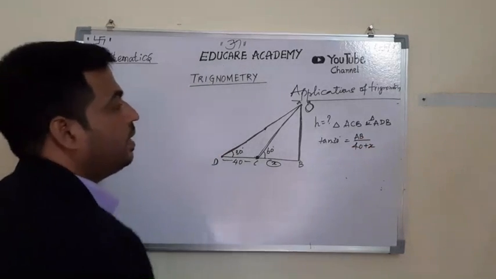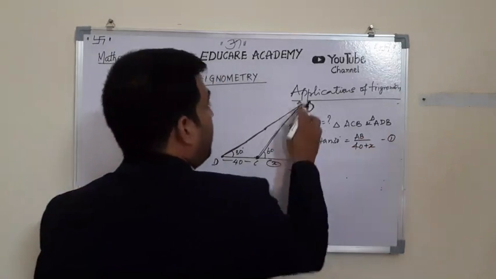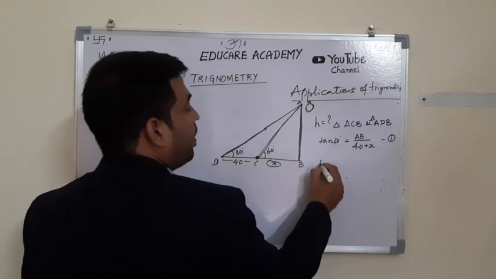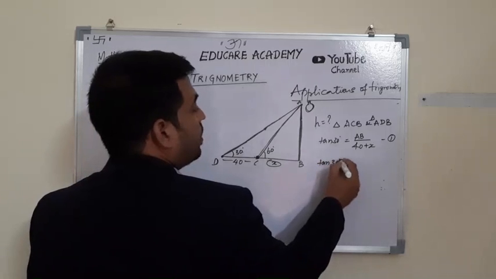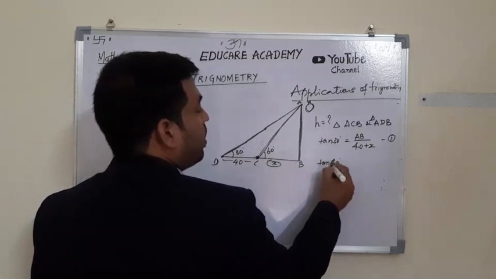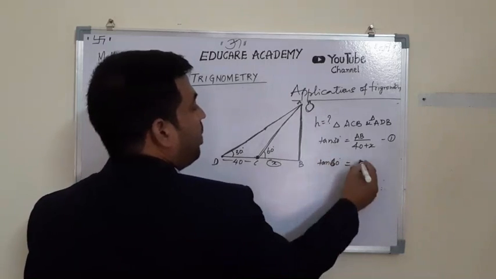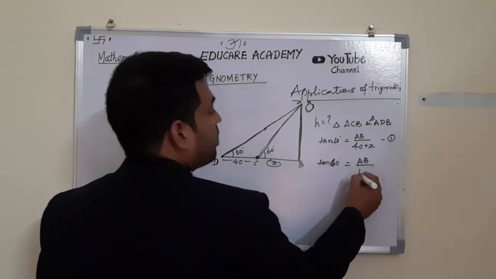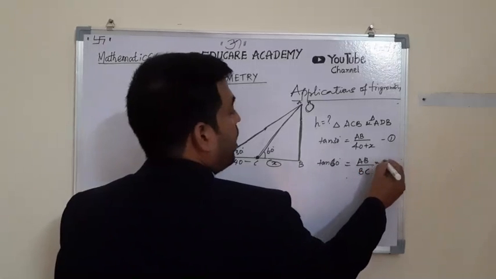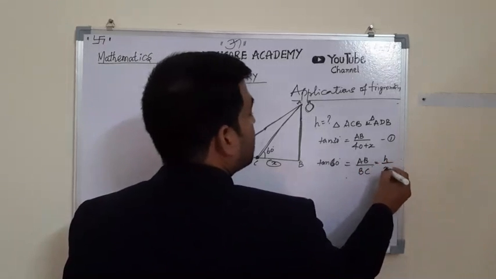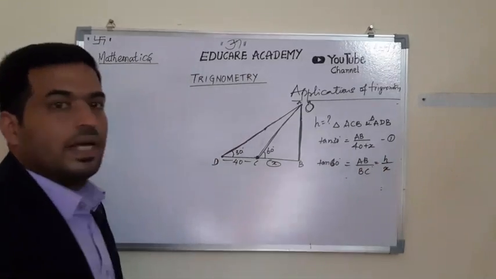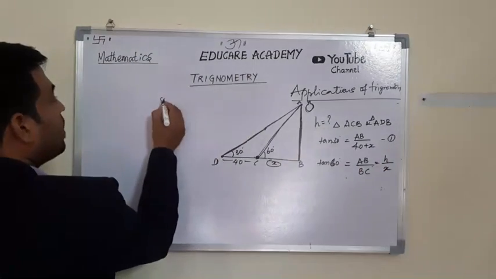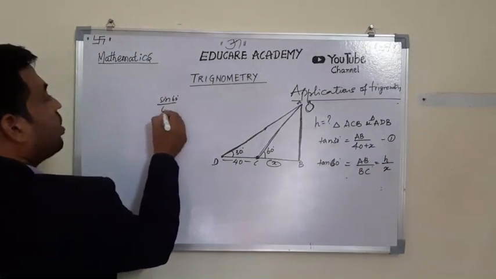Okay, let us take this as equation 1. In triangle ACB, tan 60 is equal to AB by BC. So AB is H divided by BC is X. So what is the tan 60 value? Tan 60 is sin 60 divided by cos 60.